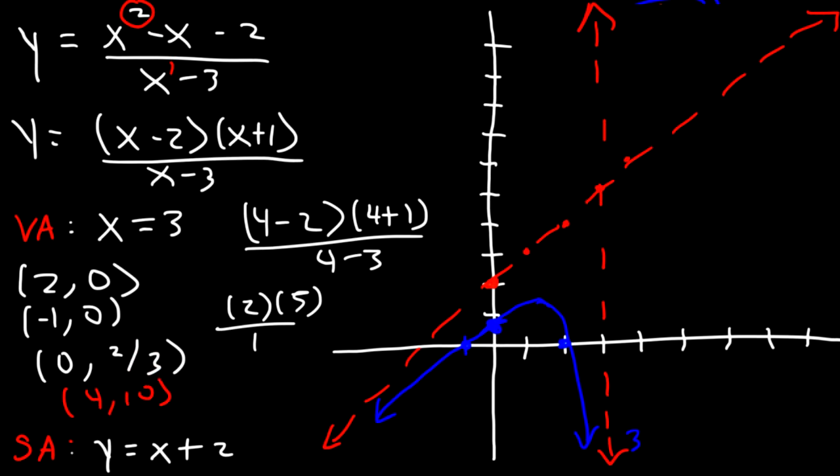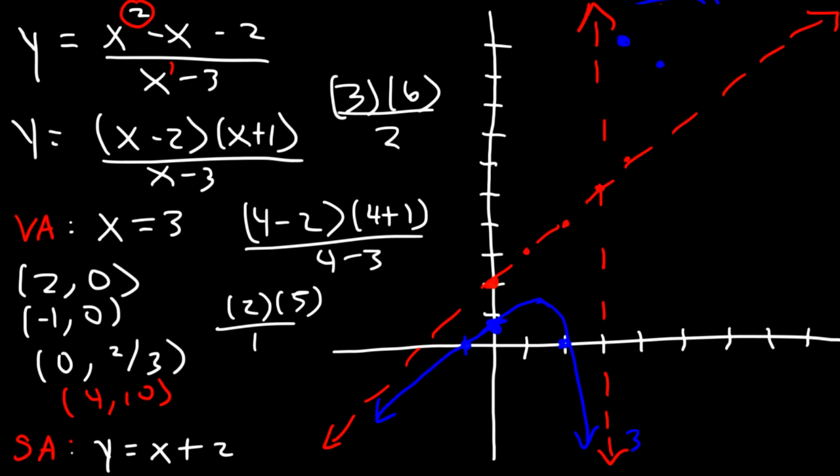And if we plot it, that should be somewhere over here. Now let's get another point. Let's try 5. So 5 minus 2 is 3, 5 plus 1 is 6, and 5 minus 3 is 2. So 3 times 6 is 18, divided by 2, that's 9. So we have the point 5, 9.